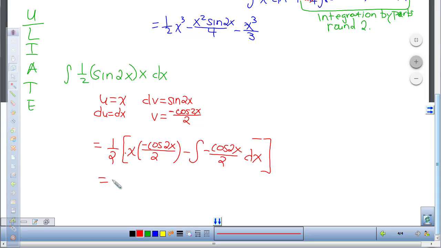This is going to be 1/2 negative x cosine 2x over 2. And then we're going to get plus sine 2x, and that would be over 2 times the 2 that was already there. So 1/2. Okay, plus c.